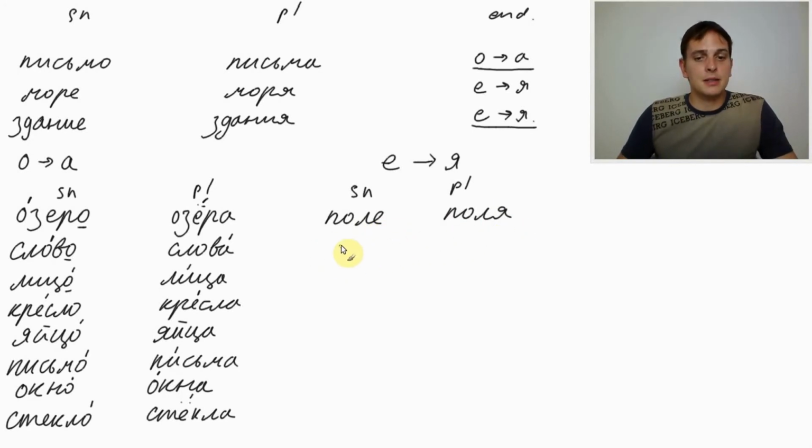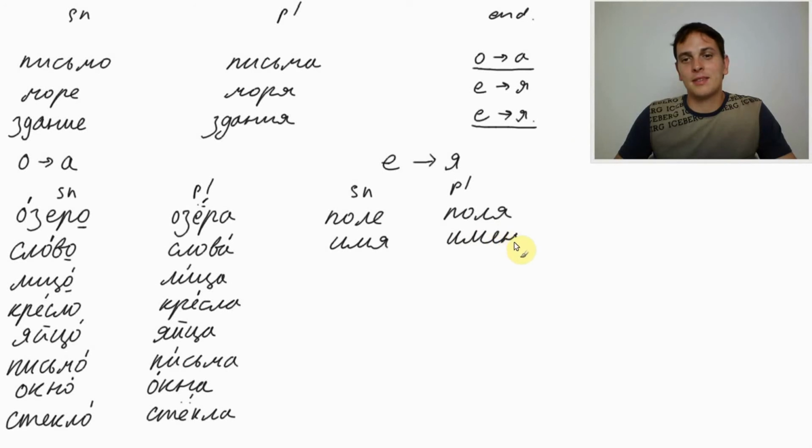And имя is name. Имя is name. And plural of имя, имена. Имена. Well, имя, имена, we got the difficulty here because it's an exception. I don't know how I ended up putting this exception here. I didn't pay attention.